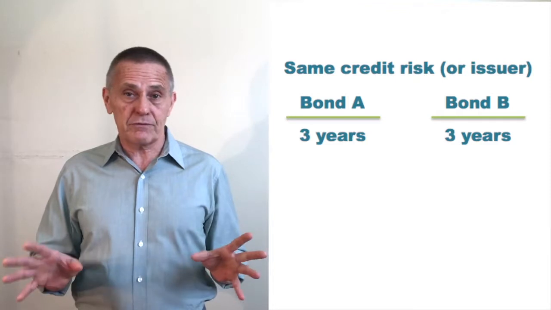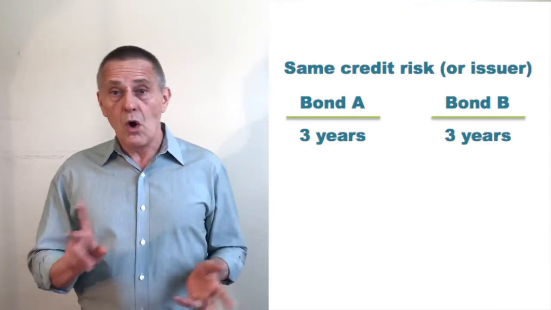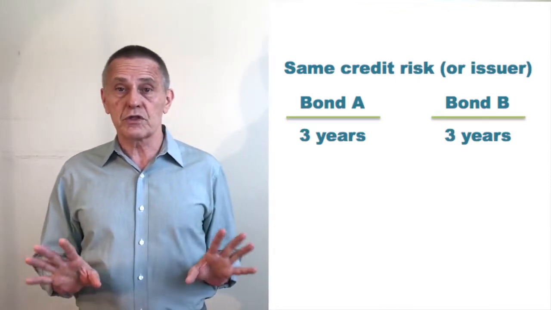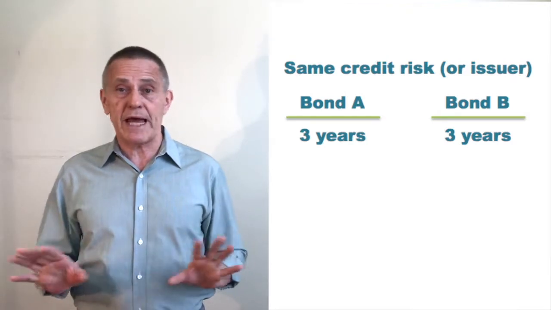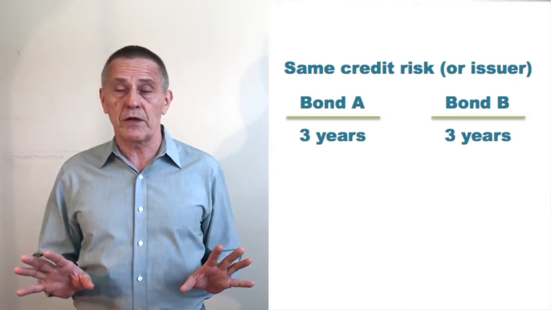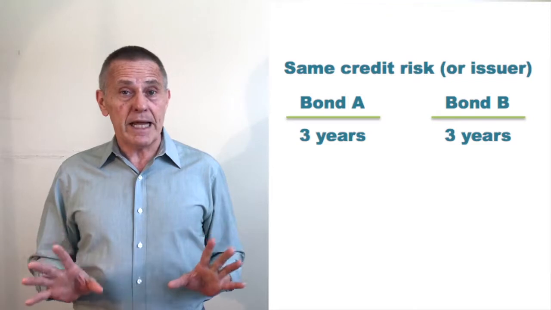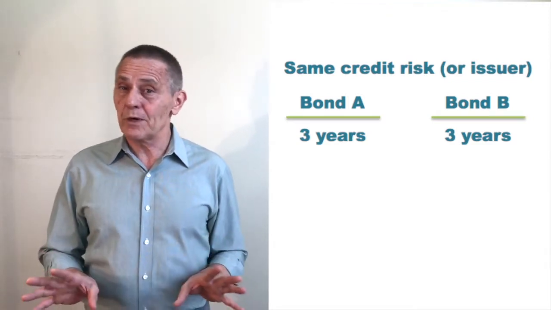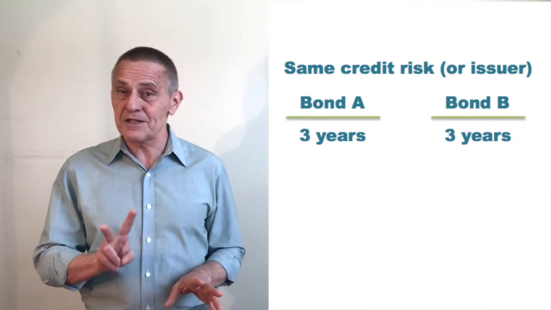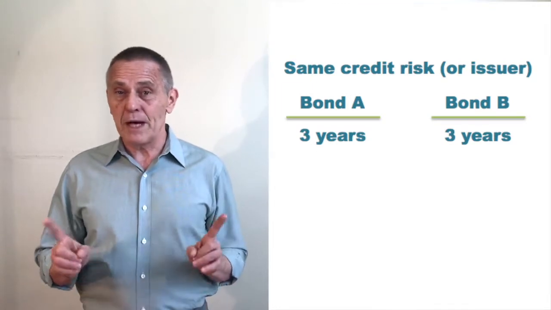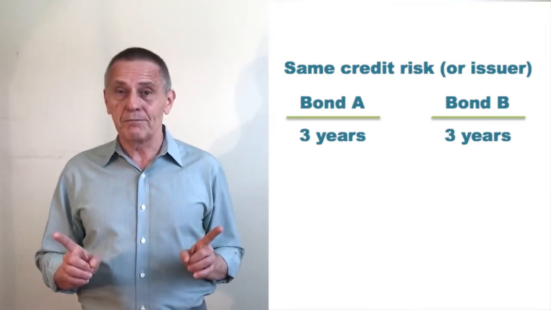risk. Now that could mean they're either from the same issuer, or alternatively they're from different issuers, but you believe those issuers represent exactly the same credit risk relative to one another. Now note, that does not necessarily mean they have the same credit rating, because you could have two bonds with exactly the same credit rating, say two bonds that were both single A rated.